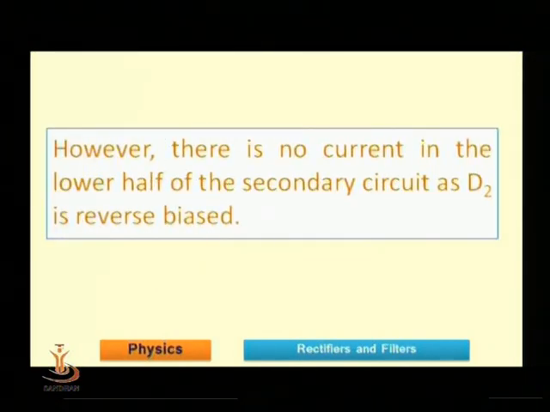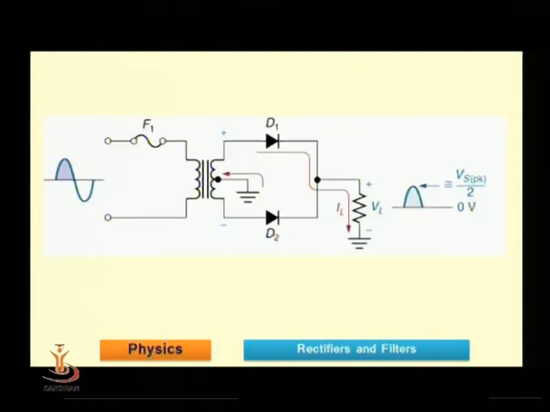However, there is no current in the lower half of the secondary circuit as D2 is reverse biased. So here a picture is shown where D1 is forward biased and D2 is reverse biased. Only one positive pulse is obtained.